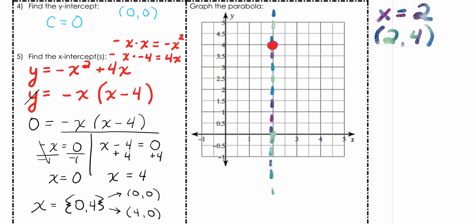Now, the next one that I'm going to graph is the y-intercept, which we saw is 0, because that's the constant. So that's actually also one of our roots, which makes sense. What is our other root? Our other root was at (4, 0).